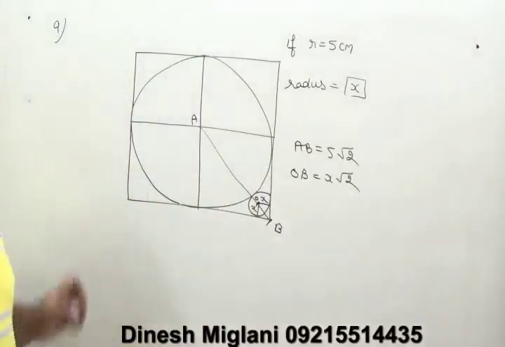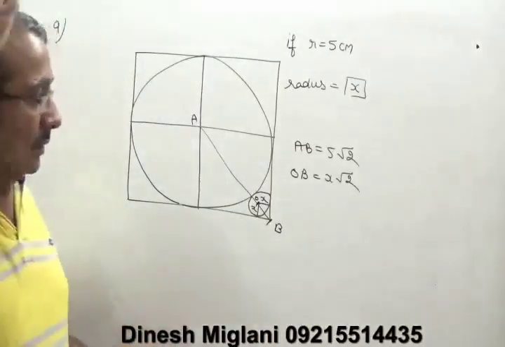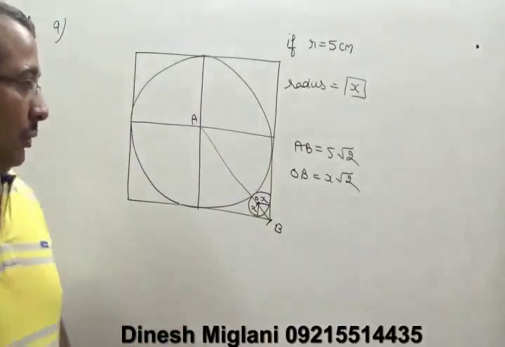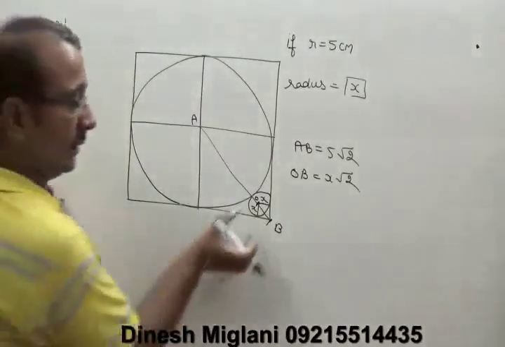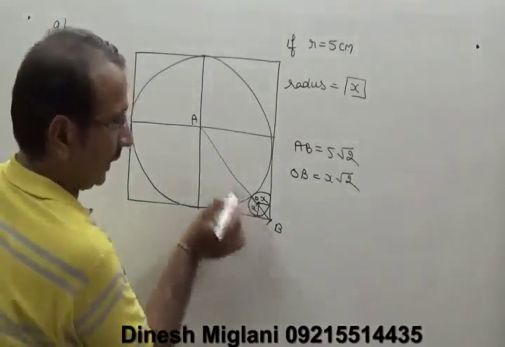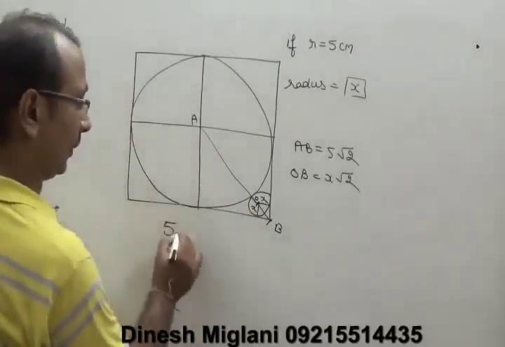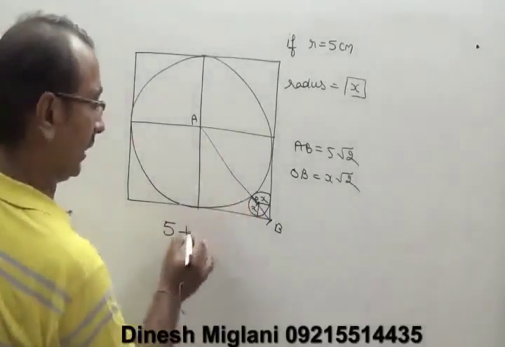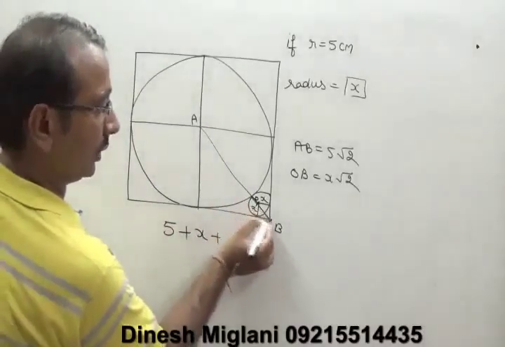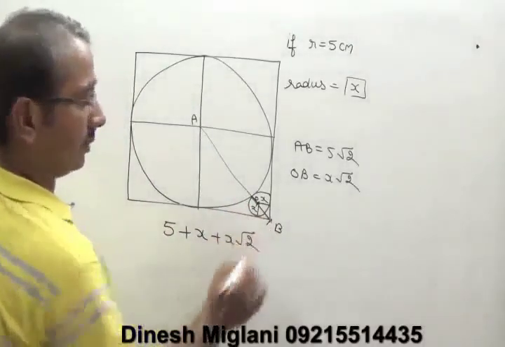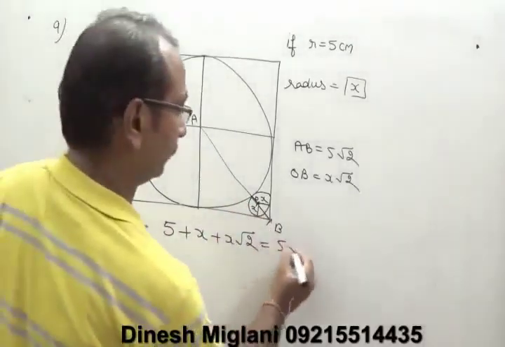Okay. Now in the answer I have to find, OB is said to be X root 2. So this X root 2, this is X and this is 5. So I may say that 5 plus this portion is radius, that is X, plus this portion is X root 2. The sum is equal to 5 root 2.